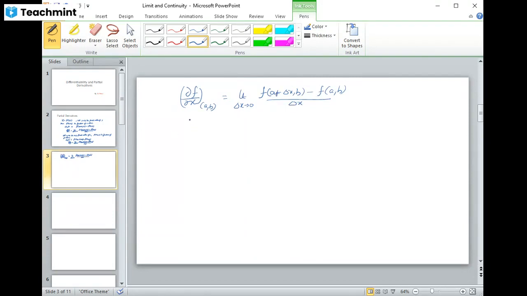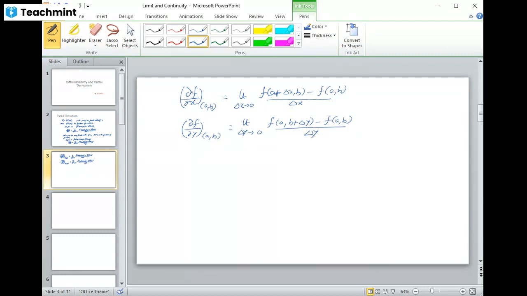And curly f upon curly y at the point (a, b) can be calculated as the limit as delta y tends to 0 of f of a, b plus delta y minus f of a, b, upon delta y.